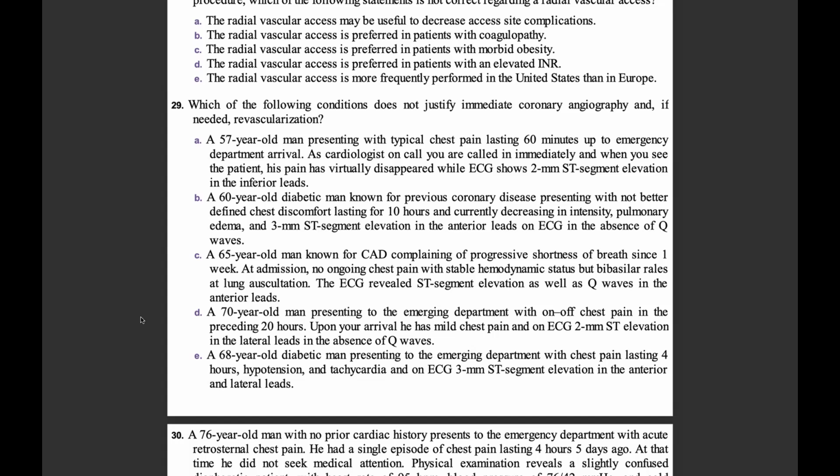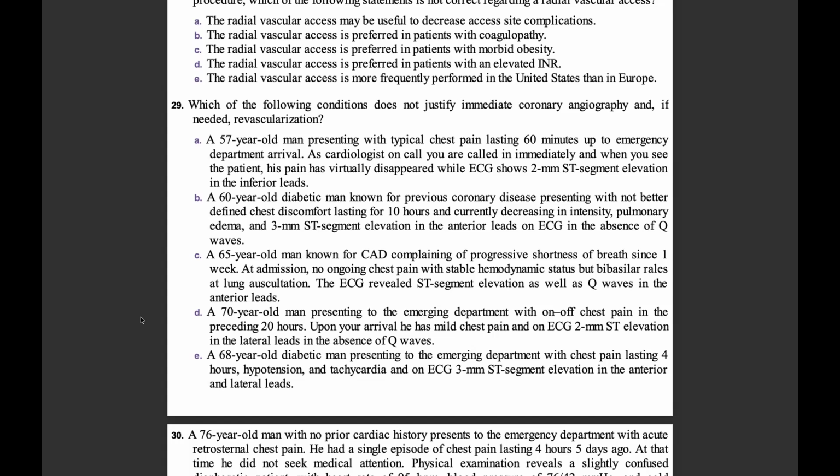For option D, a 70-year-old man presenting to the emergency department with on and off chest pain in the preceding 20 hours. Upon arrival, he has mild chest pain and on ECG, 2 millimeter ST elevation in the lateral leads.